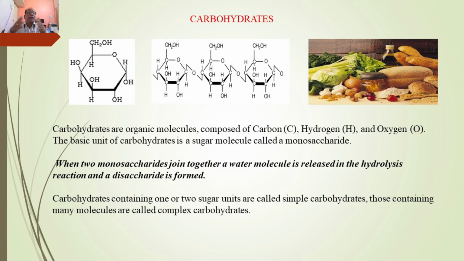Carbohydrates form a chain of monosaccharides, two sugar molecules or three or more sugar molecules joined together to form either disaccharides or polysaccharides. So carbohydrates are organic molecules mainly composed of carbon, hydrogen and oxygen, and the basic units are sugars, also called monosaccharides.